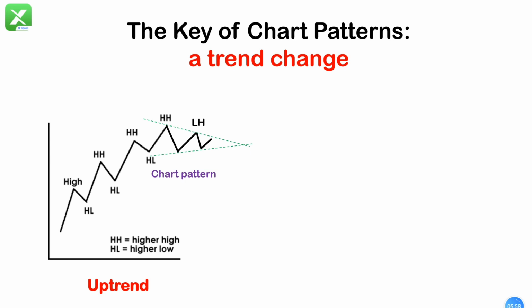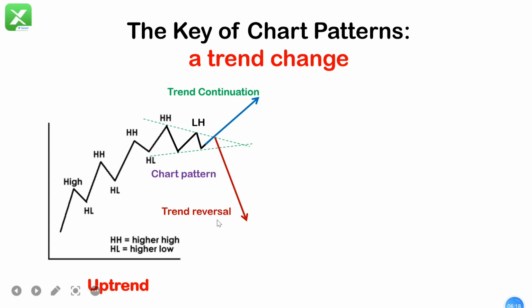We don't know yet, but we need to know which direction the price will break out. If it breaks the pattern upward, we call this trend continuation. But if the price breaks the pattern downward, then we call it trend reversal, because it is opposite to the previous trend, right?